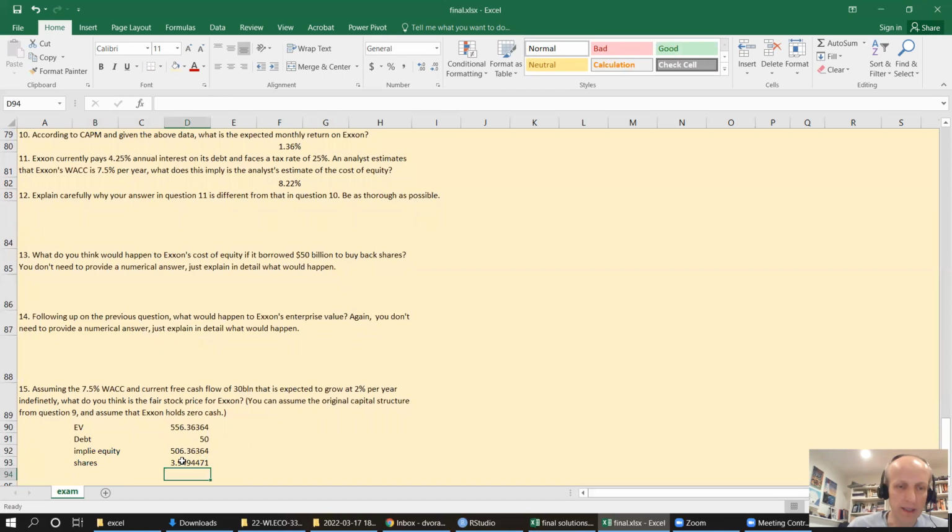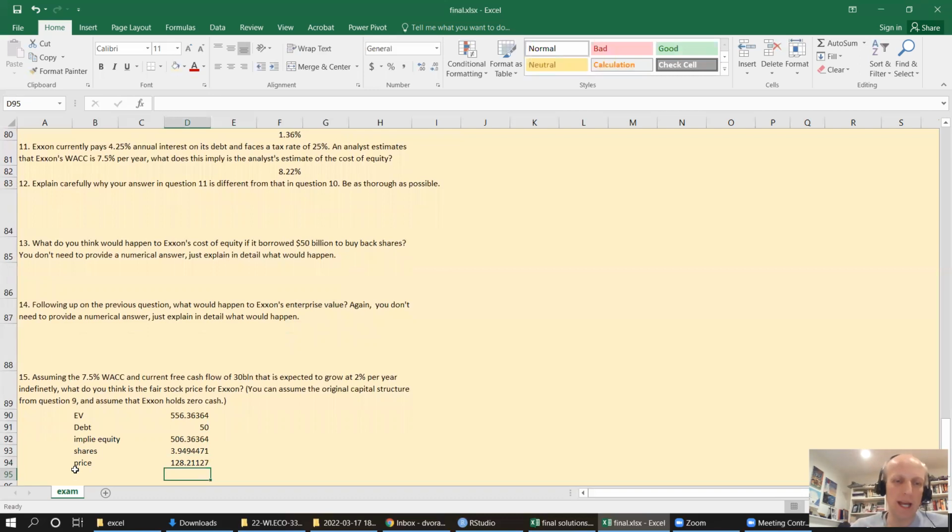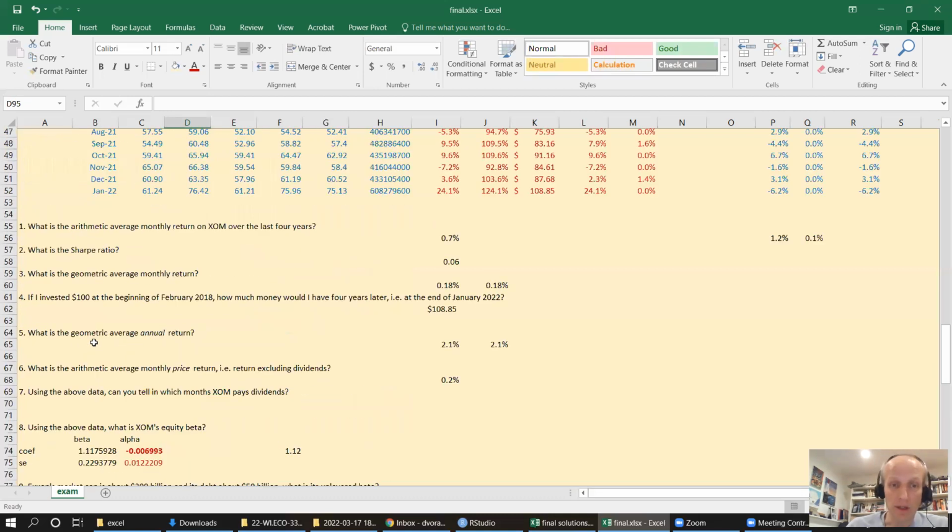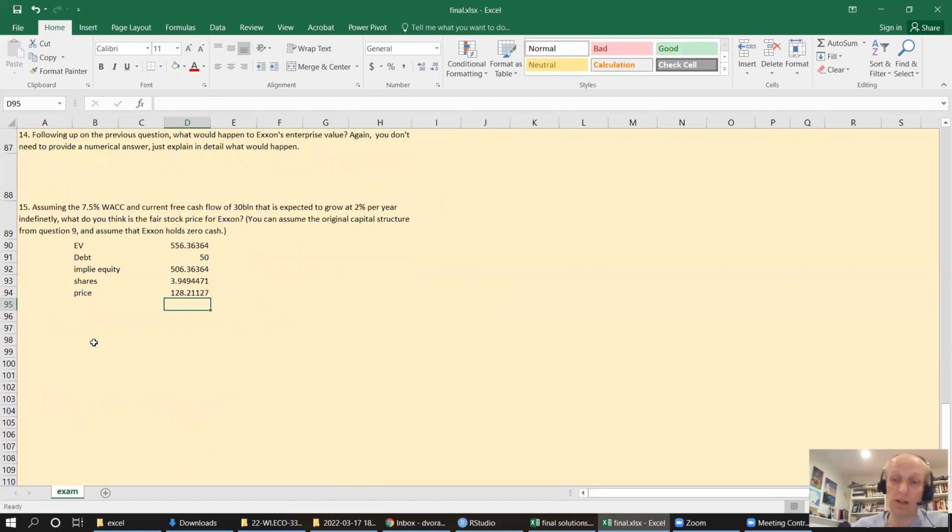So that makes it about 4 billion shares outstanding, which means that the fair price or estimated price for Exxon should be the value of equity divided by shares outstanding, about $128 per share, which is considerably higher than its current stock price of 75. So according to this model, Exxon is pretty undervalued. And that's the exam.